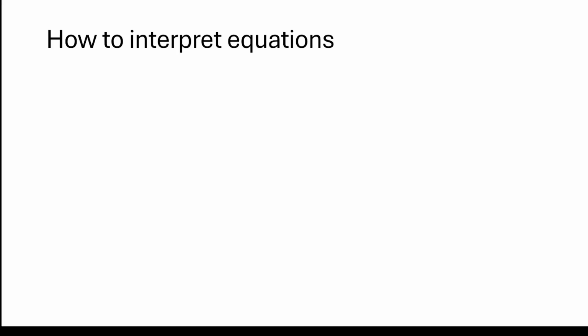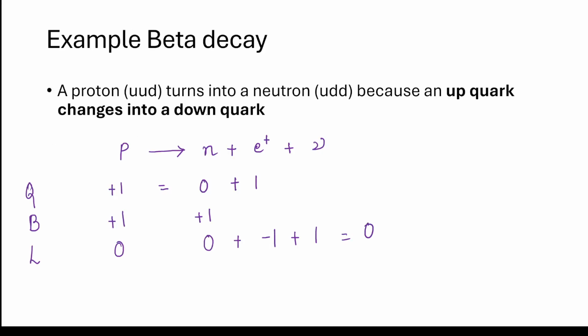Quarks always change flavors by weak interaction. So in the beta minus and beta plus decay, as you can see, there's a change of the quark. So this always happens with a weak interaction.